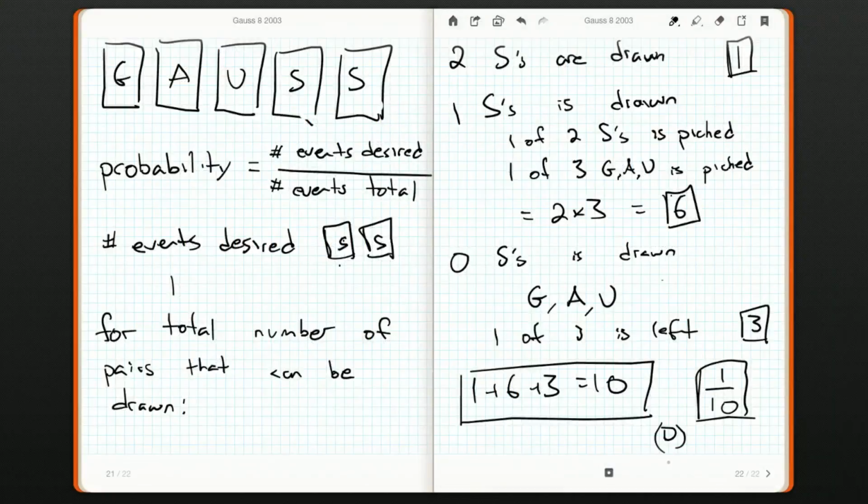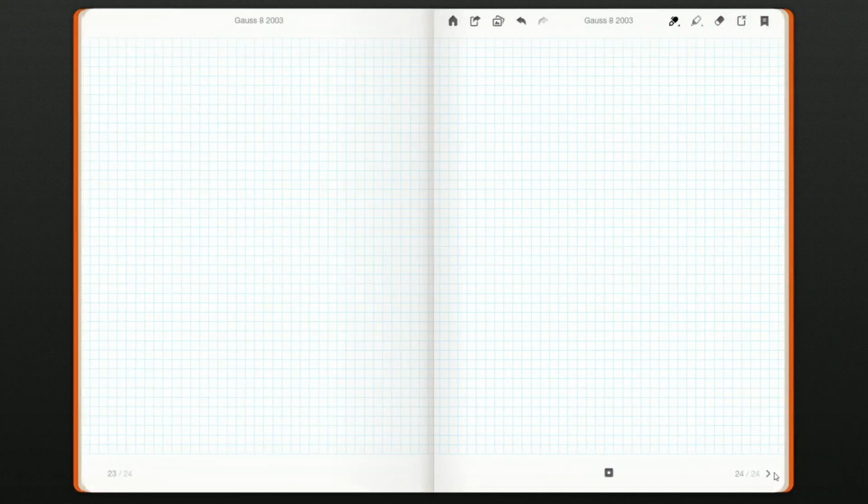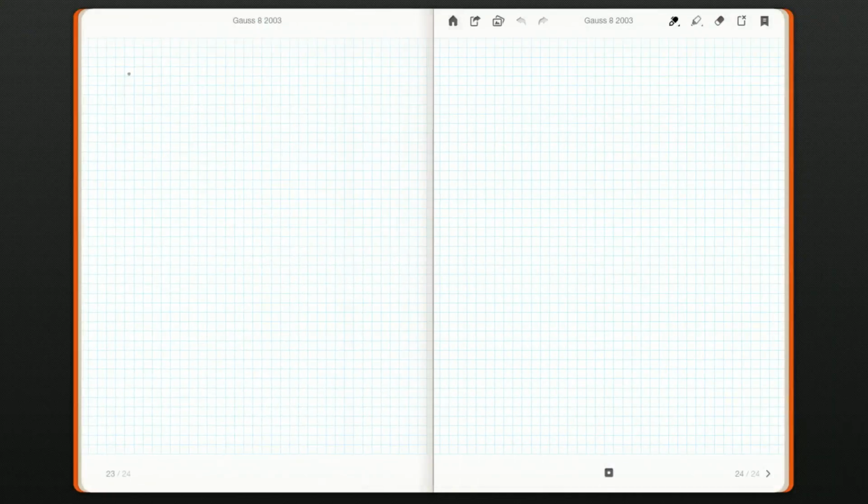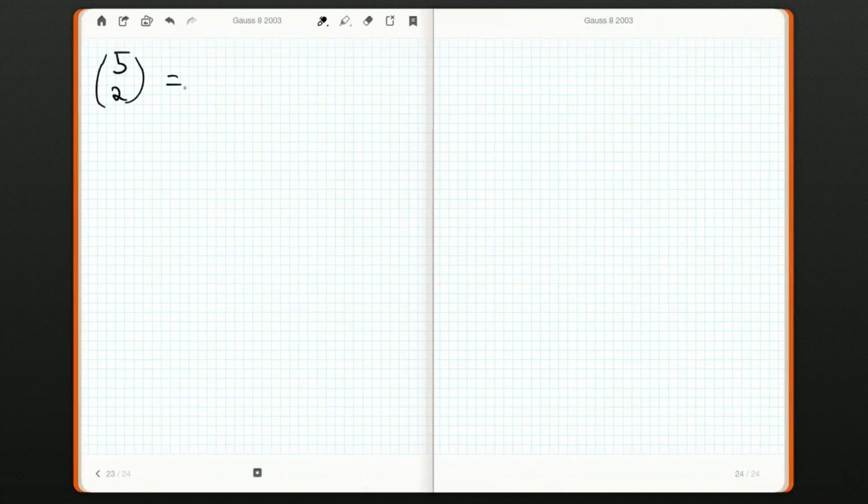I would think if you knew combinatorics, which let's make a little bit of a comment here about combinatorics. 5 choose 2 is the notation that we would use, and it's 5 factorial over 2 factorial.